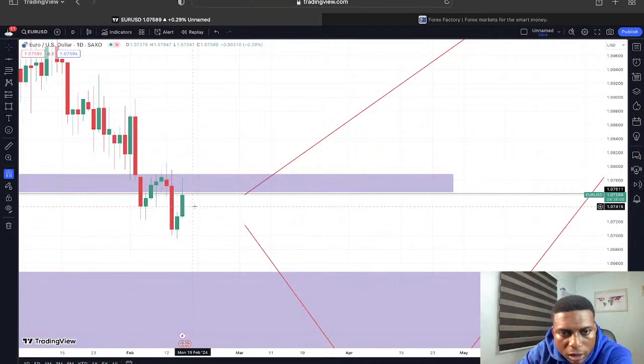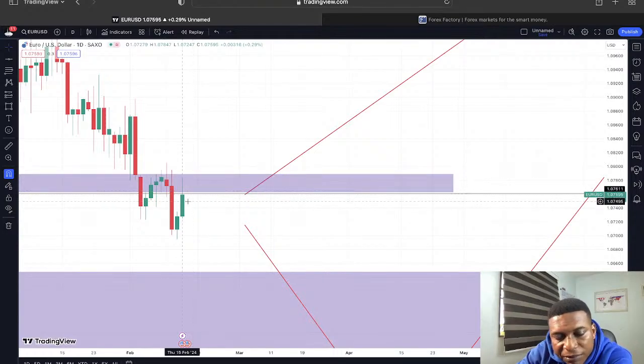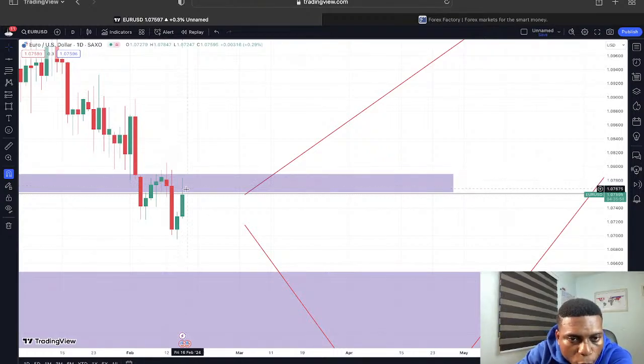Price then went back for a retracement, and definitely the retracement was greeted with a resistance, and that's what we are seeing this week, losing its body.